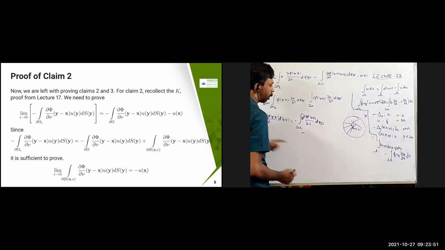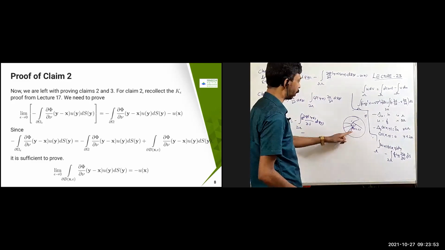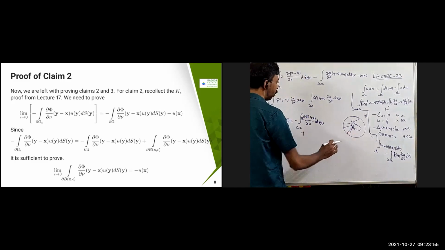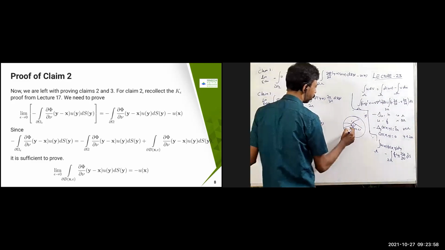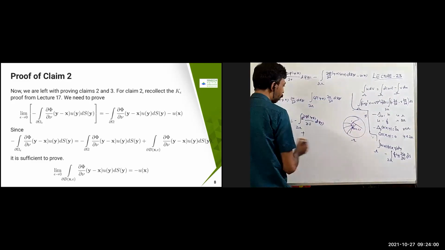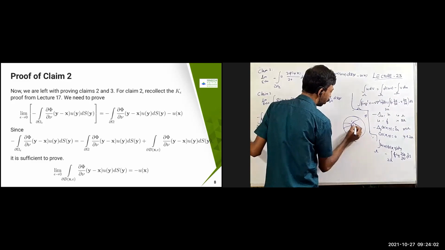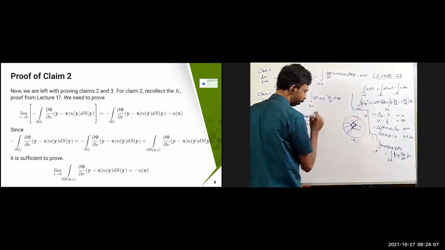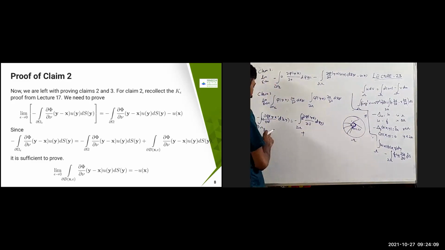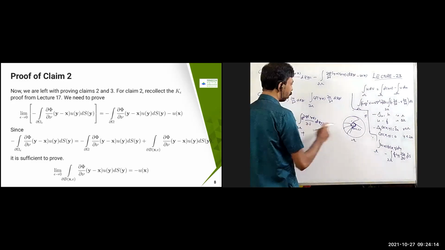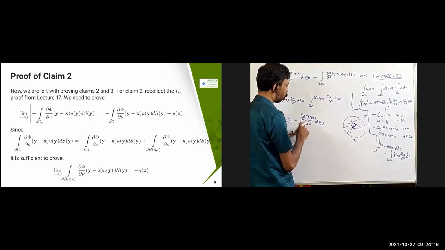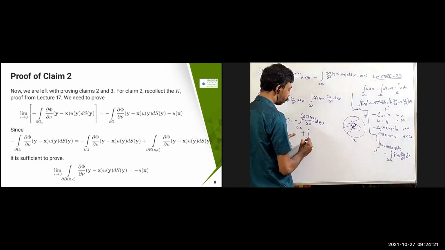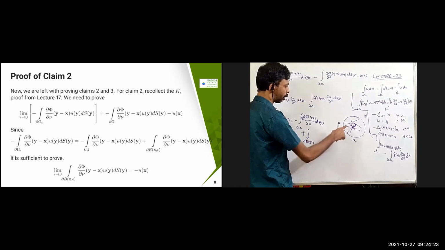Minus, because this term I am just removing, the ∂B(x, ε) is there. ∂Ω_ε means this region together with this region. Therefore, if I write this as ∂Ω_ε, that can be written as the integral over ∂Ω of u ∂Φ(y−x)/∂ν dS_y plus the integral over ∂B(x, ε), because I just need to remove this one.